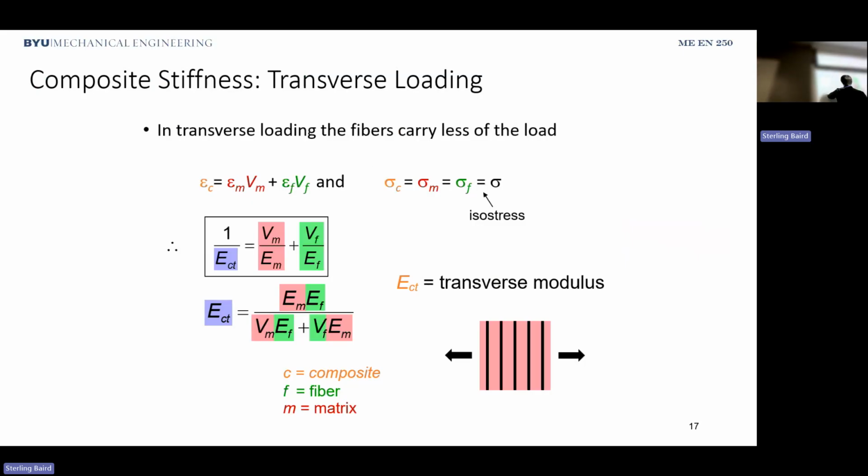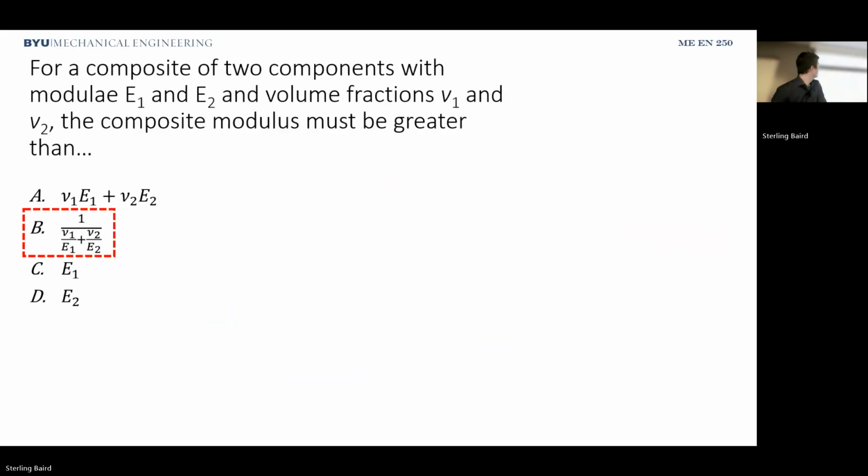This is called the rule of mixtures, the upper and lower bound. If you're given E1, E2, and the volume fractions nu sub 1, nu sub 2, you should be able to calculate both the upper bound and the lower bound. That's the learning outcome, if you will.